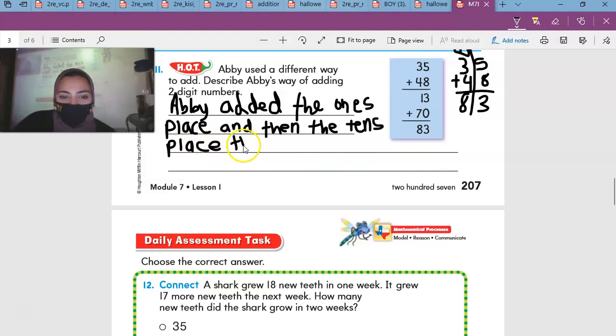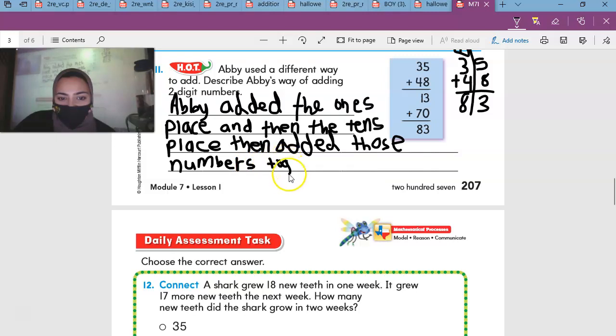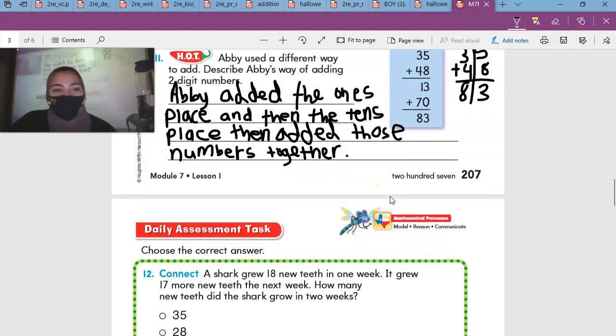Then added those numbers together. Whew, okay, Abby added the ones place and then the tens place, then added those numbers together.